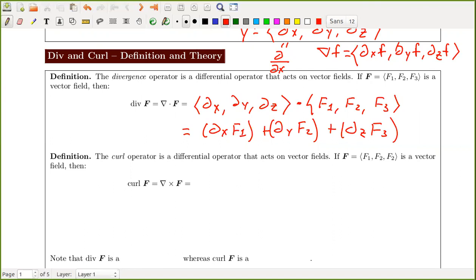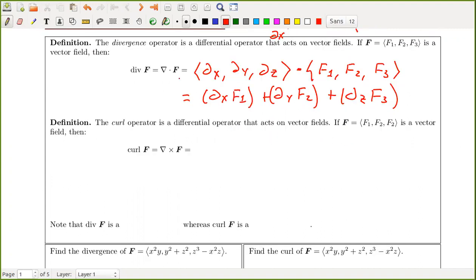So this is just the x derivative of f1, the second is the y derivative of f2, and the third is the z derivative of f3. We will talk about one physical interpretation of this in a moment. For now, let's just do an example.